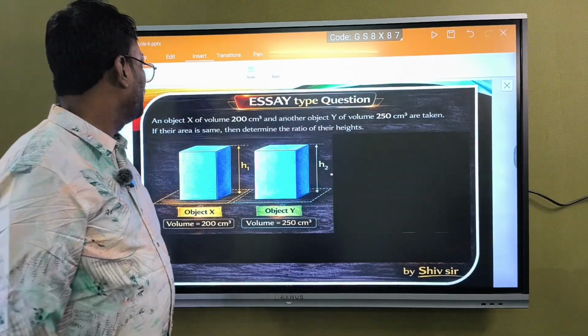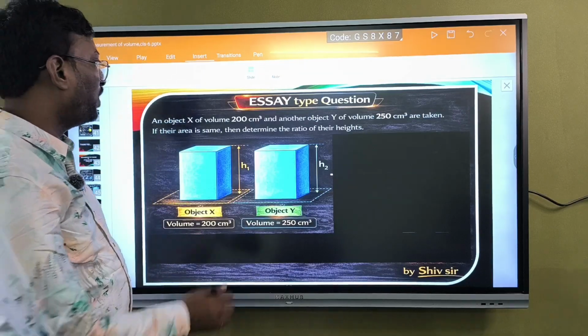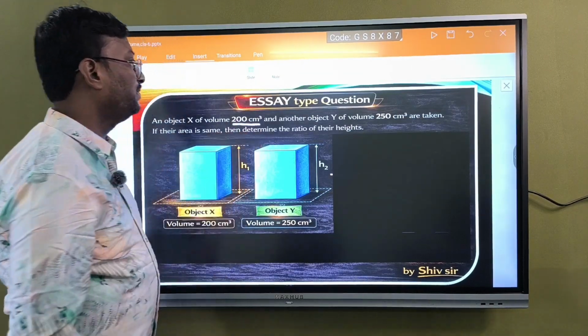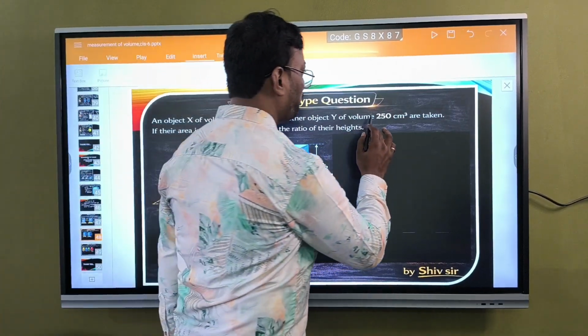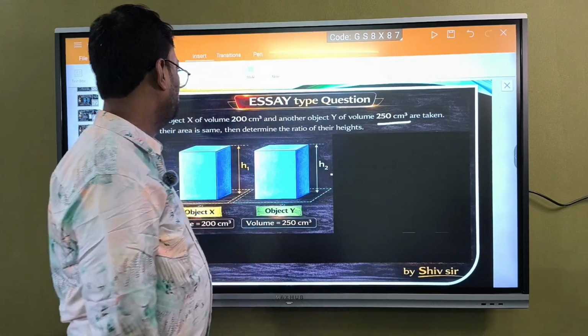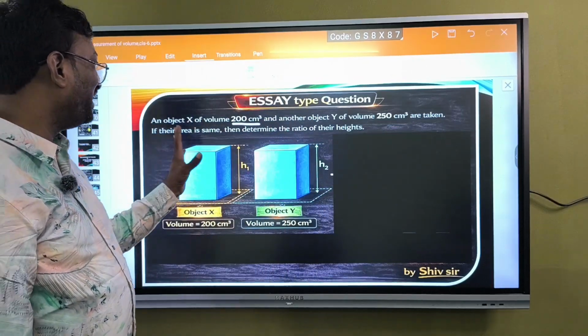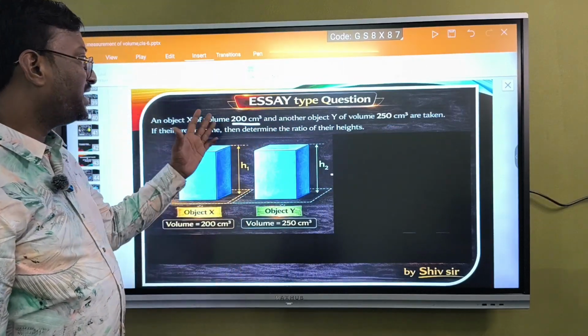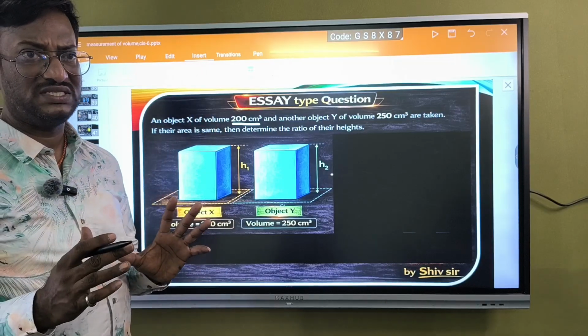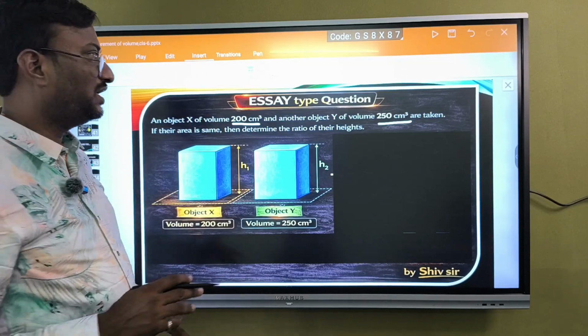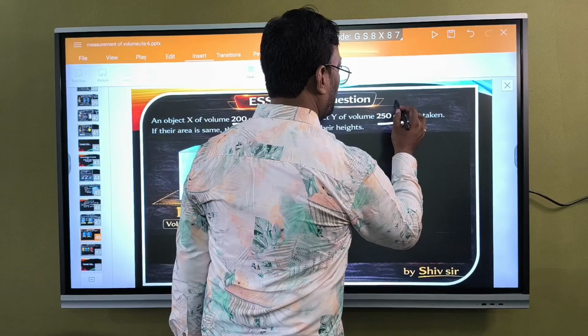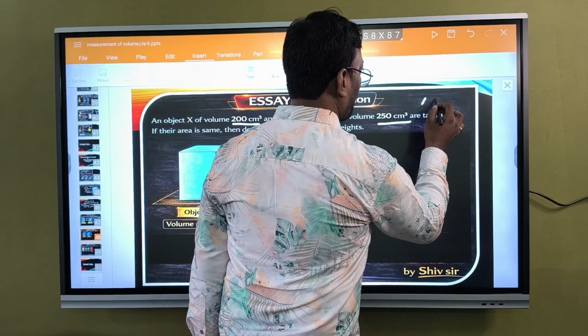Next one, an object X of volume 200 centimeter cube and Y has the volume 250 centimeter cube are taken. If their area is same, see volume in the sense area into height, that is volume is equals to length into breadth into height.